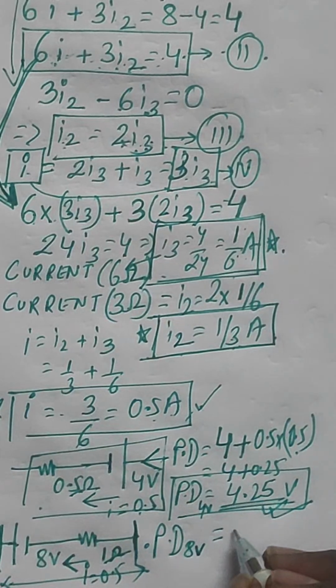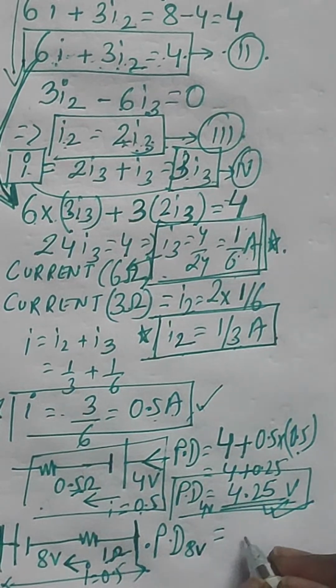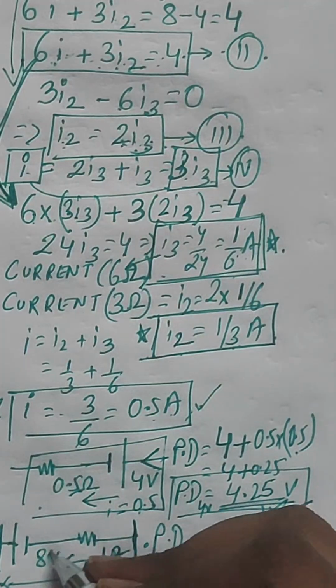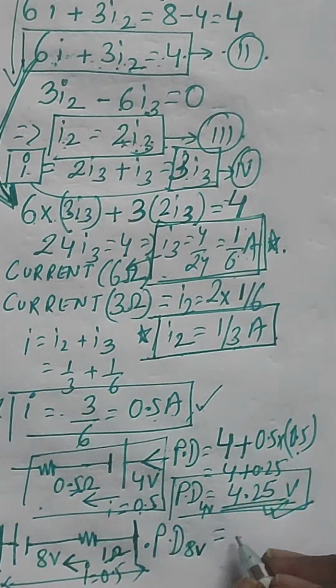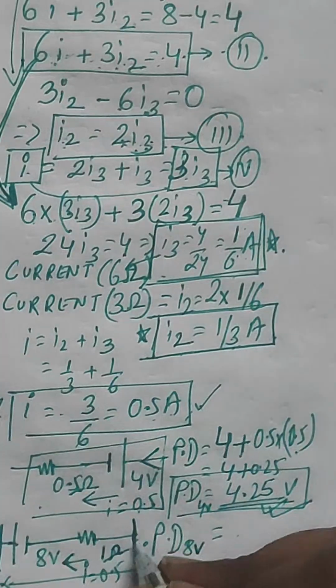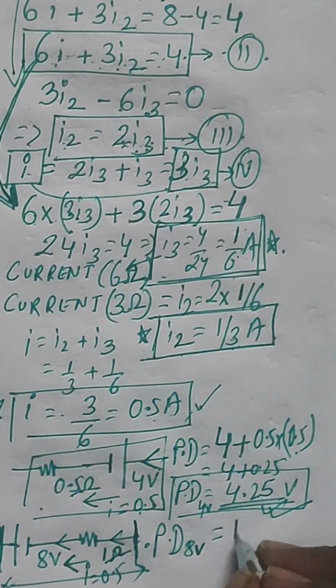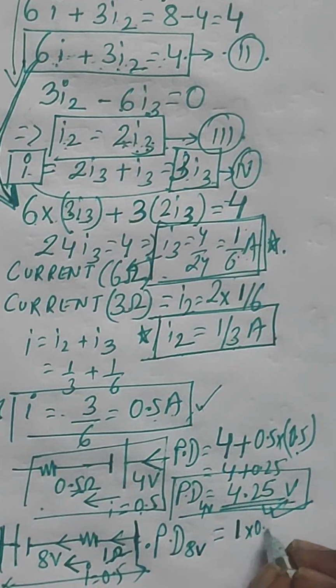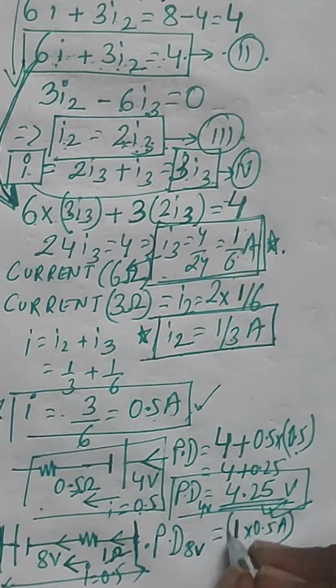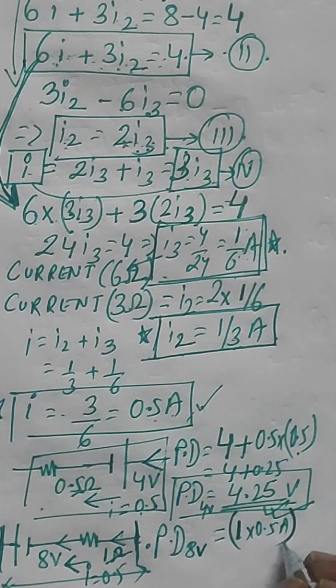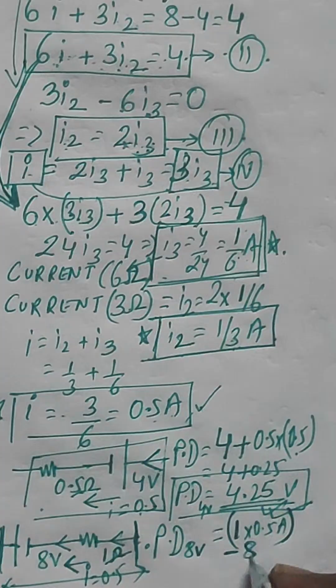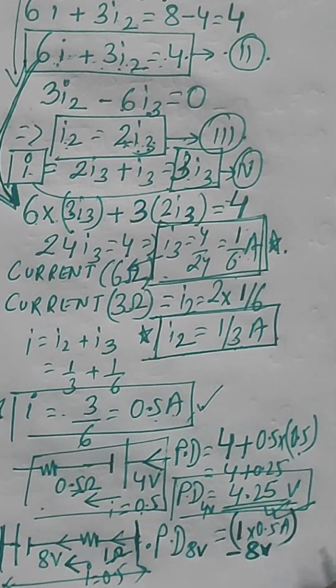So we can write here, since the minus terminal is coming first and current is flowing from right to left, 1 ohm into 0.5 ampere, that is due to the internal resistance, then minus 8 volt, that is the EMF source.